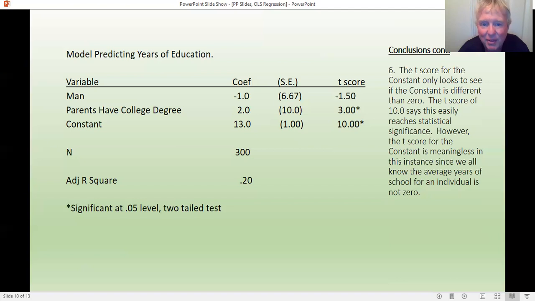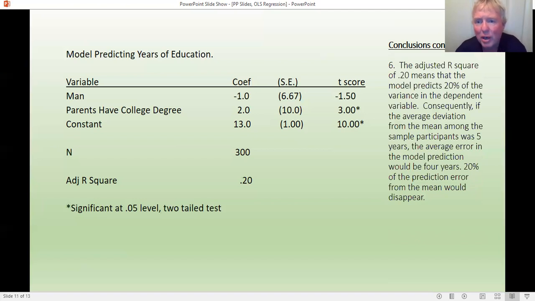So yes, it is significantly different than 0, but who cares? That's basically what happens in regression models. So when you see huge t-scores and statistical significance for the constant in regression, don't even worry about it. It's just where you start, your starting point. And it's asking, is my starting point 0?